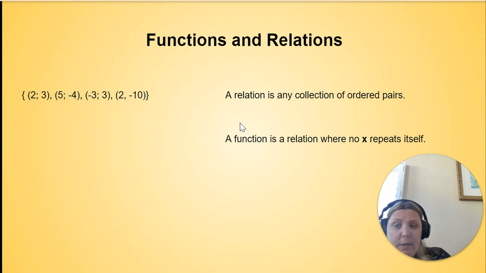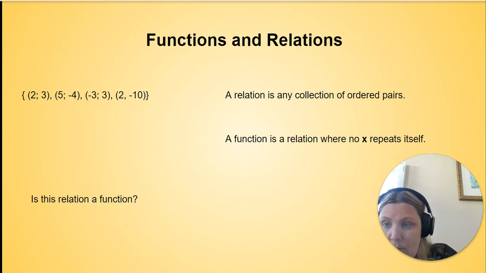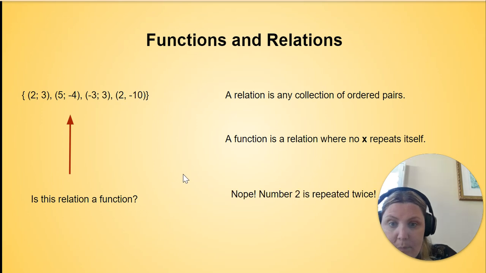So to figure out if this thing is a function, we need to look at the x values and only x values. So here's one x, here's another x, here's another and another x. Do any of them repeat? Ah, this one does and this one does, right? I have two x's that repeat themselves, this two and this two.